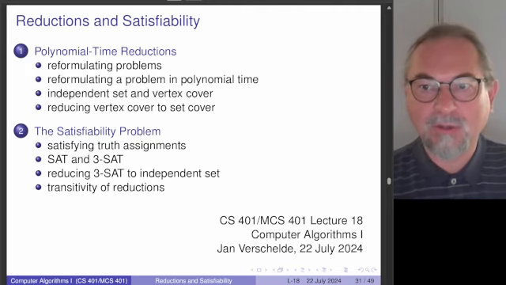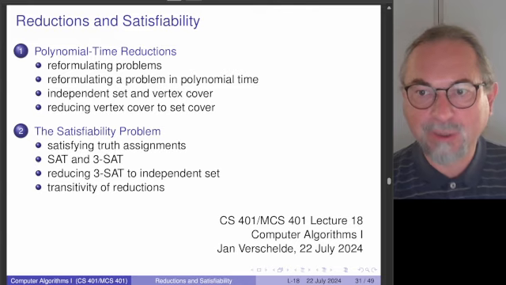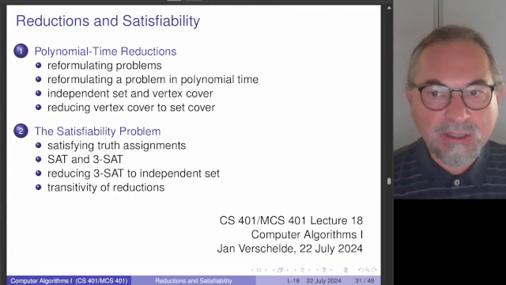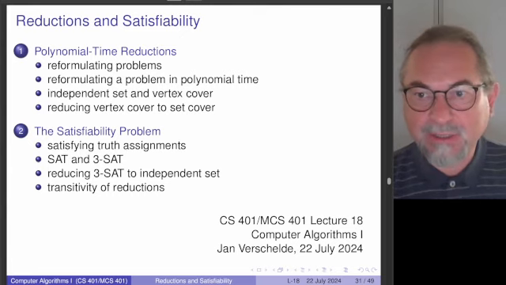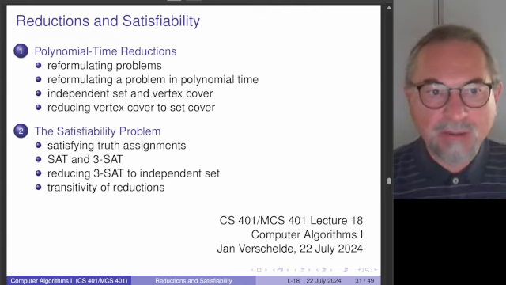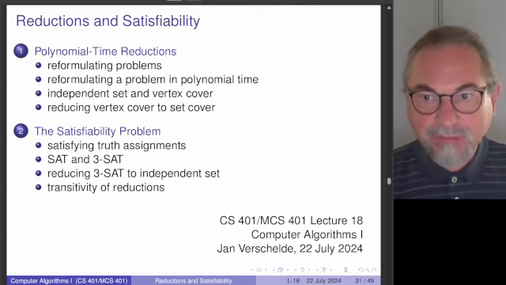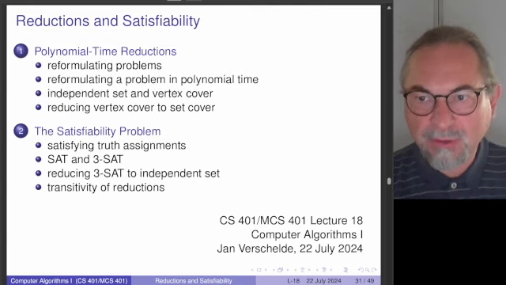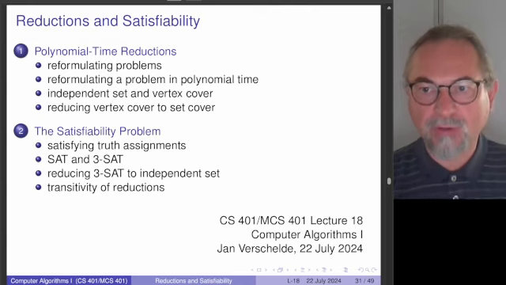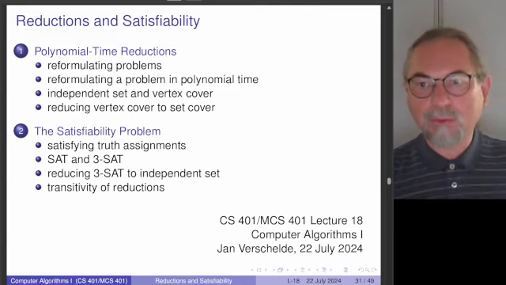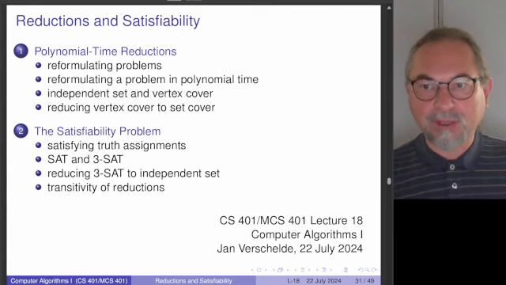Welcome to the pre-recording of the second part of lecture 18, scheduled for the beginning of week 7 of our 8-week summer course. In the first part, we defined polynomial time reduction, and how we can reformulate problems in polynomial time.